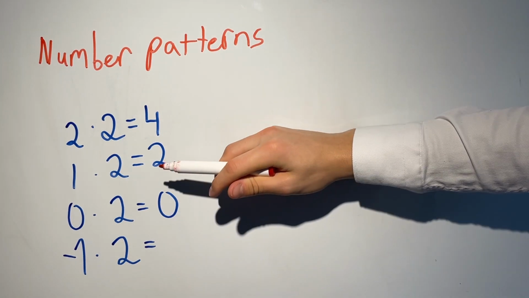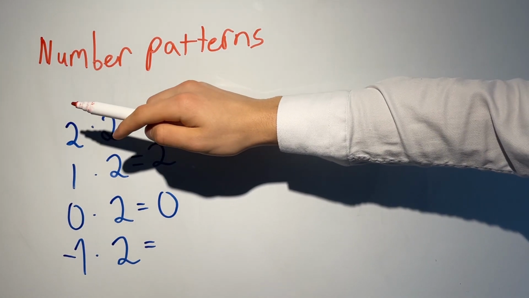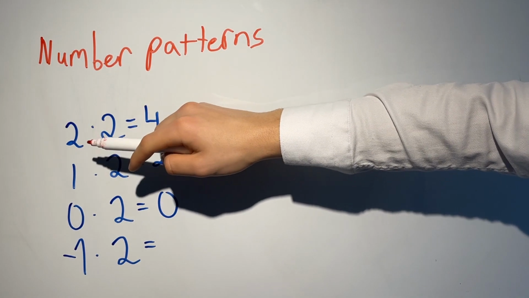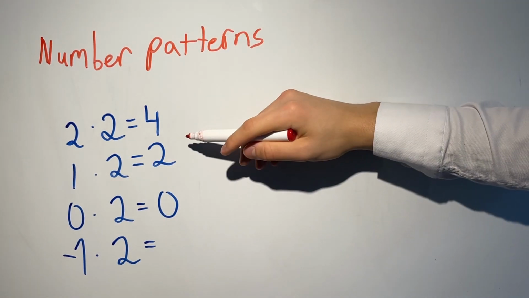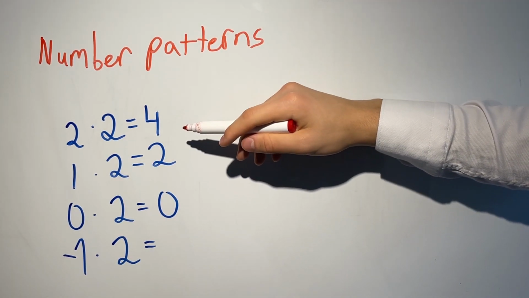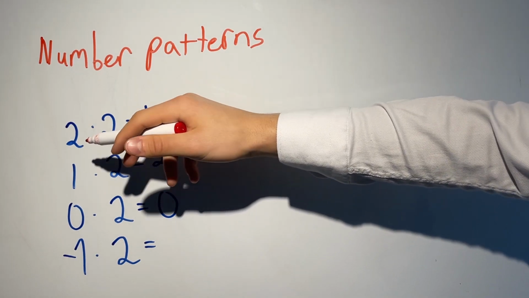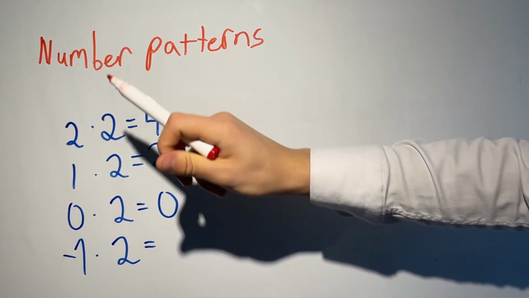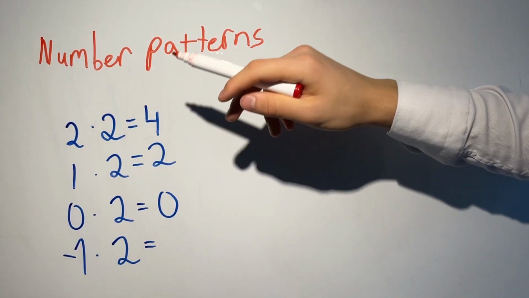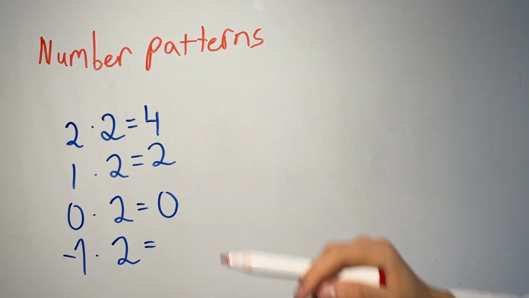So in this example, when we're decreasing the first number, also the product keeps decreasing. And each time we decrease the first number once, the product decreases by 2.